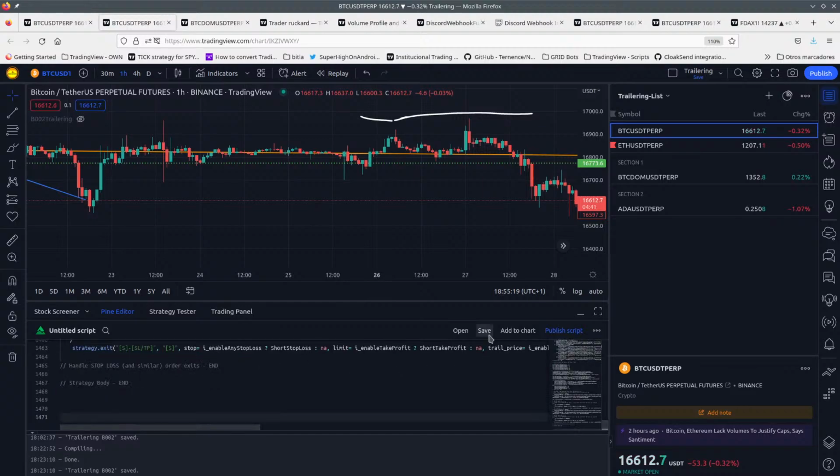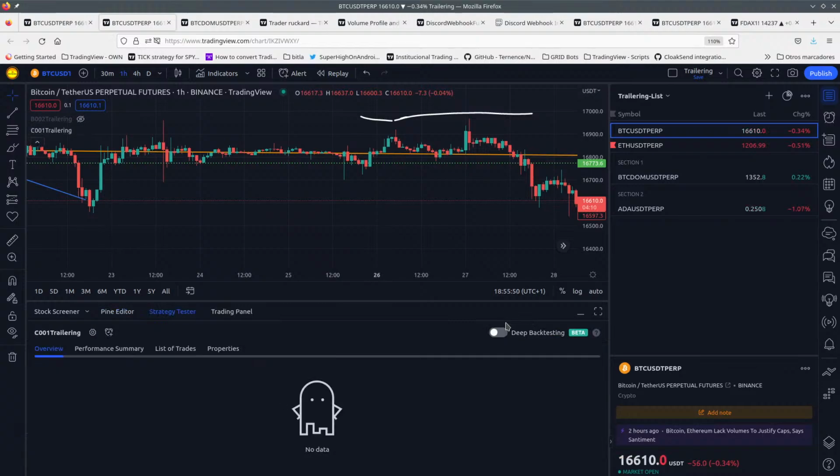That way it's going to be better, so that we can compare later the results of whatever we want to compare. Okay, so now I can add this to the chart and see what happens with all of this.